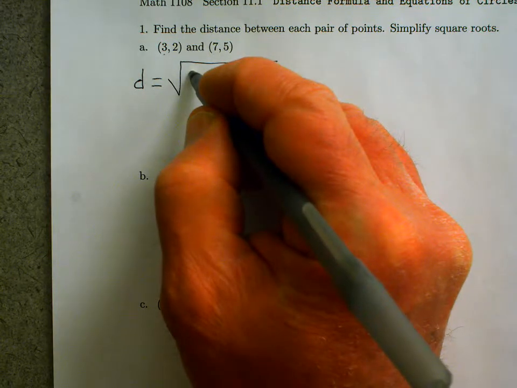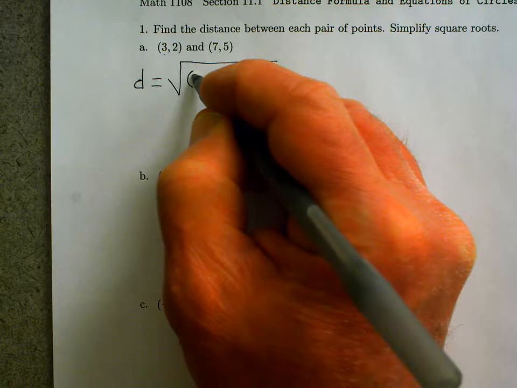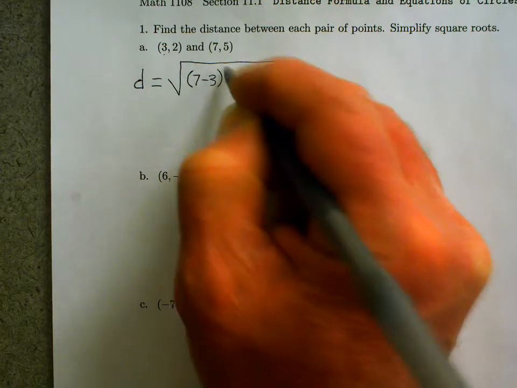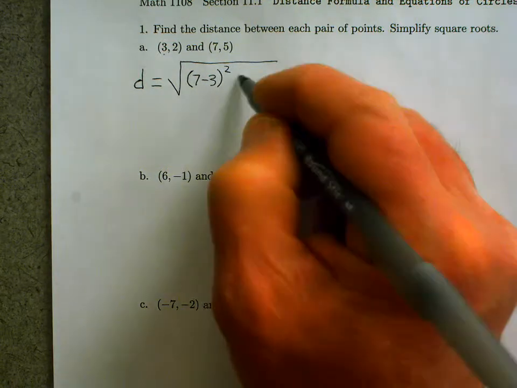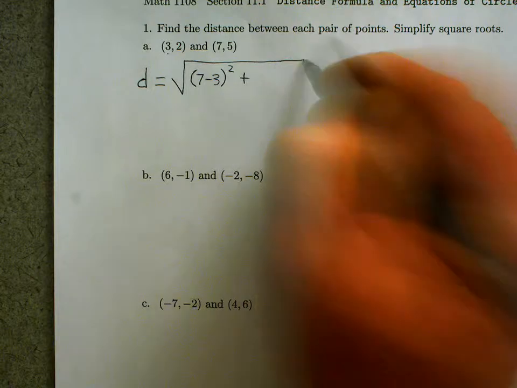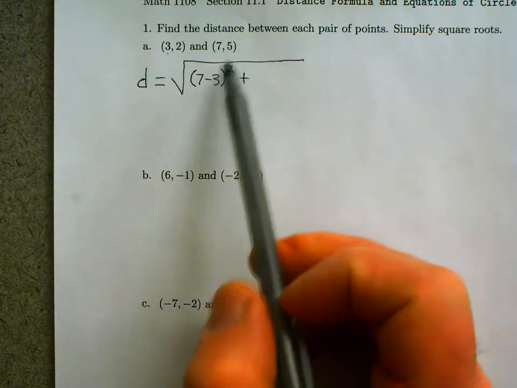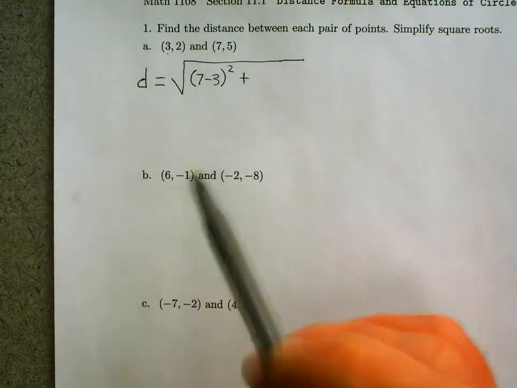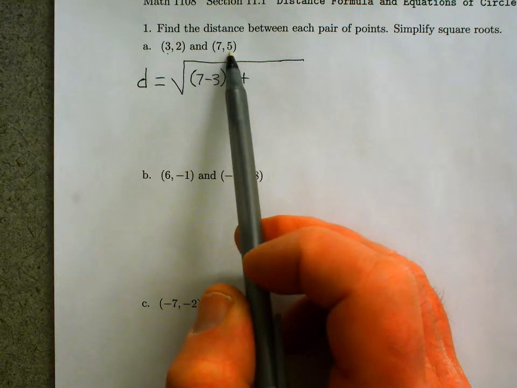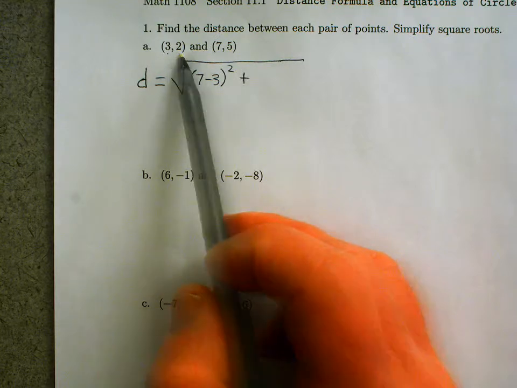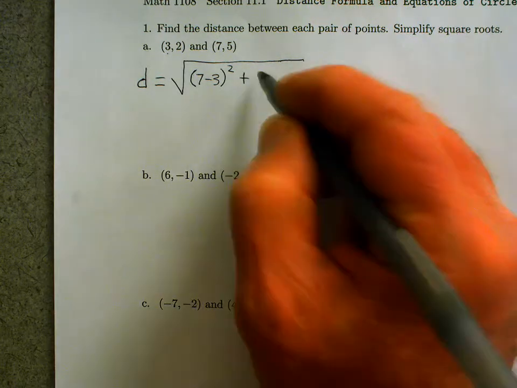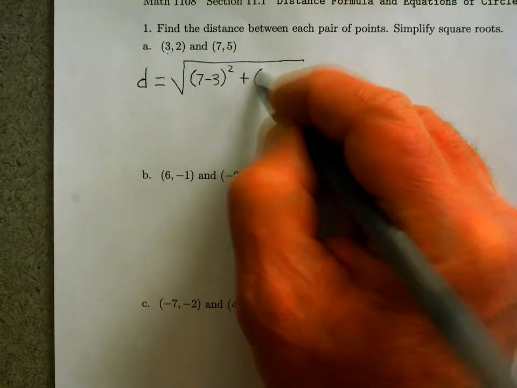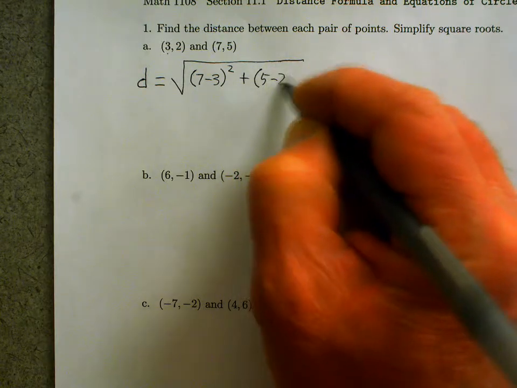So one way to write this is in parentheses 7 minus 3 quantity squared. And then we add the square of the difference of the y coordinates. The y coordinates are 2 and 5. So inside the square root, we can write the quantity 5 minus 2 squared.